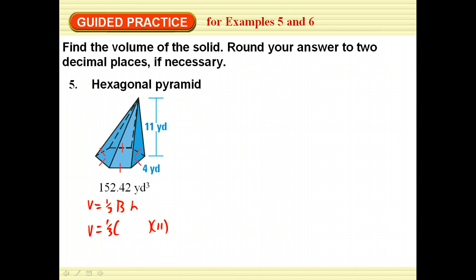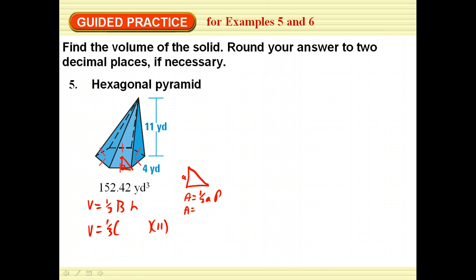Now how do I find the area of that base? Remember that we look at the center and we make a right triangle. And so dealing with that right triangle, this is the apothem, because remember the area of a hexagon is 1/2 the apothem times the perimeter.